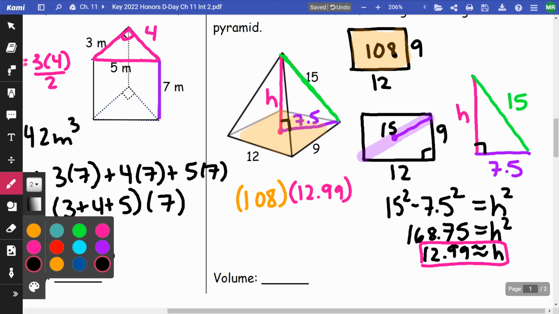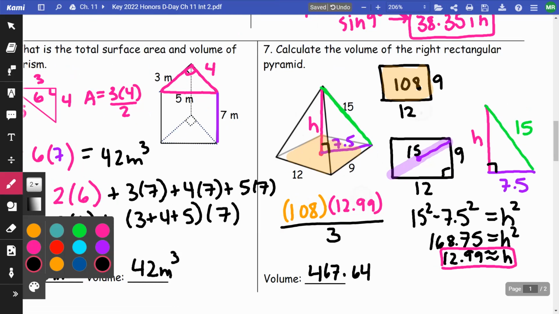I don't have the whole prism, I have a pyramid, so I'm going to divide it by 3. So when I do that, let's see, 108 times 12.99 divided by 3, I get 467.64.